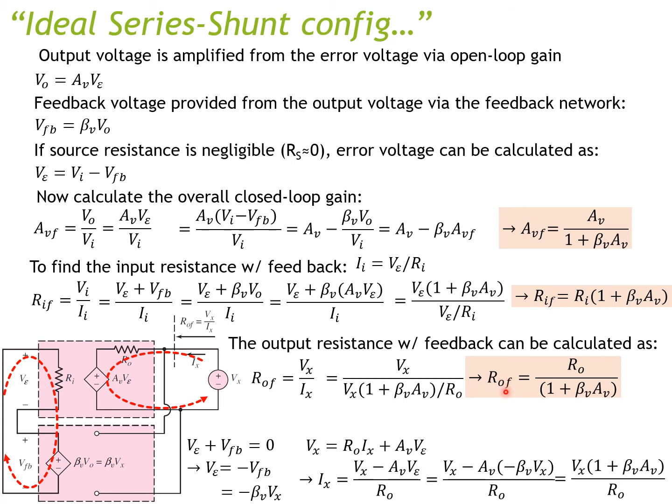However, when you calculate the output resistance, you divide the basic output resistance RO by 1 plus beta AV. Therefore, it makes the overall output resistance with feedback smaller. So if you have an application that requires a large input resistance and a small output resistance, then series-shunt is your choice.